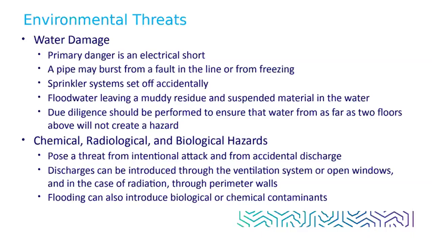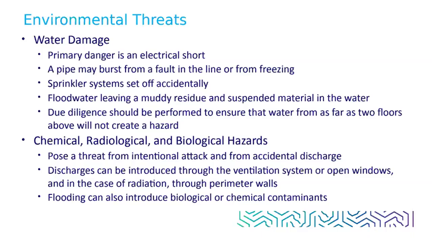And then the burst pipes. See, water pipes may break because of faults in plumbing or freezing temperature. So both situations can flood the area containing the computer equipment, and as due diligence, the organization should carefully inspect the building infrastructure to ensure that water leaks from upper floors cannot damage the information system.